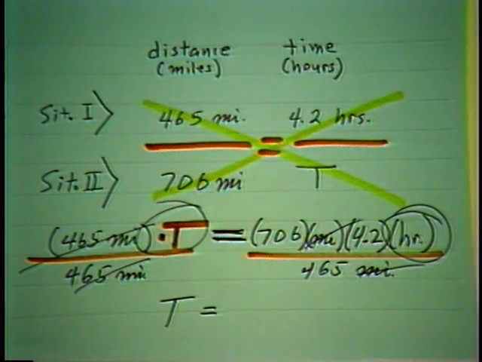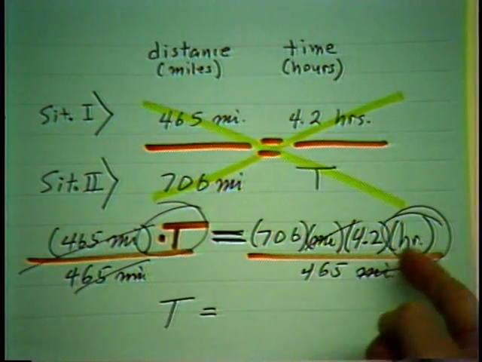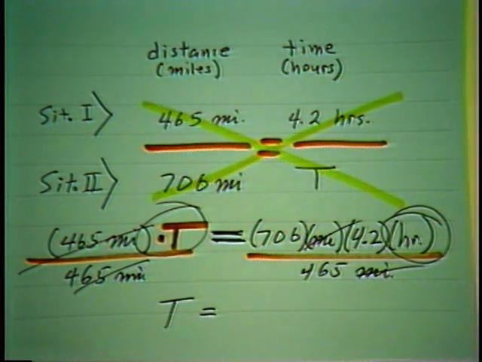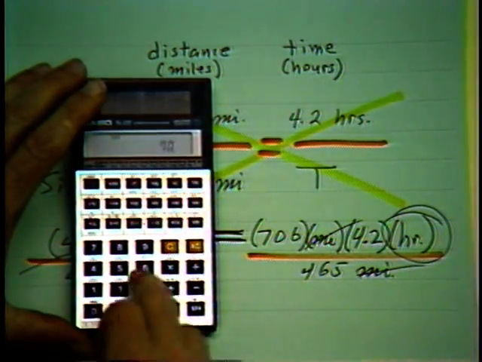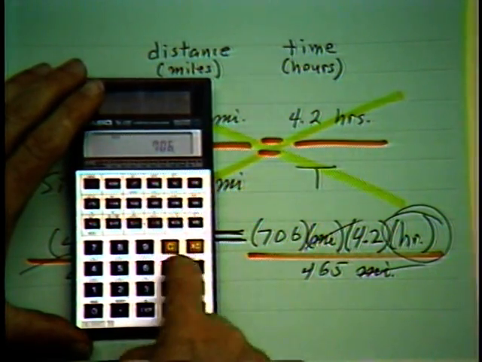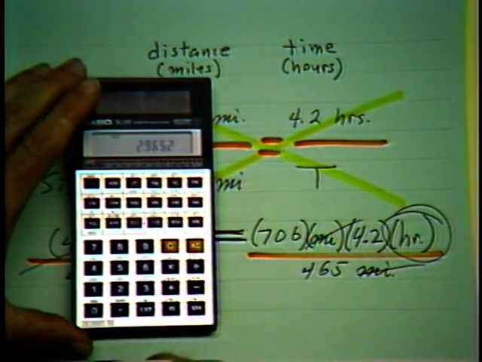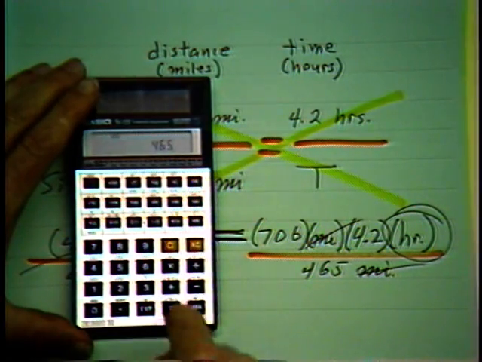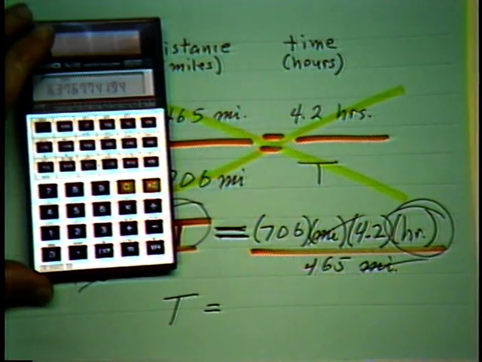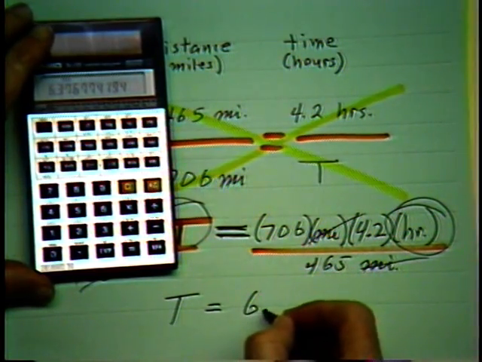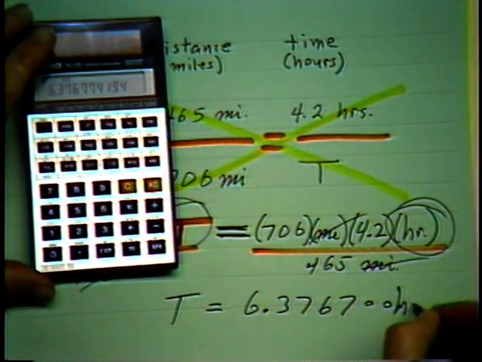Now the arithmetic here is fairly messy. 706 times 4.2 divided by 465. So it's just as well to use a calculator. So 706 times 4.2 divided by 465 is, and our answer comes out again with an unending decimal, 6.3767 and so on, hours.